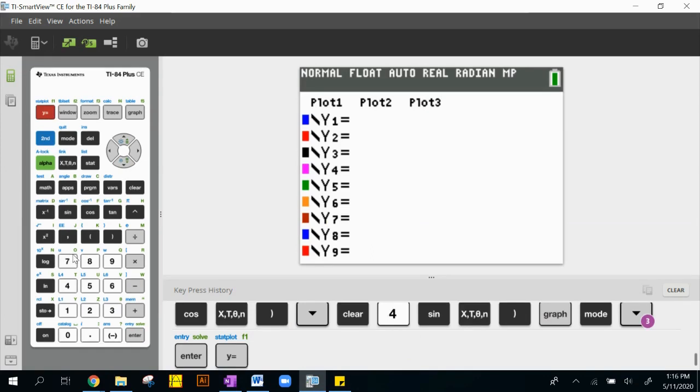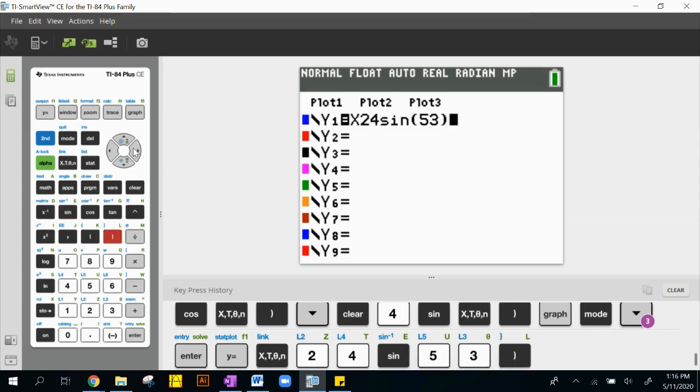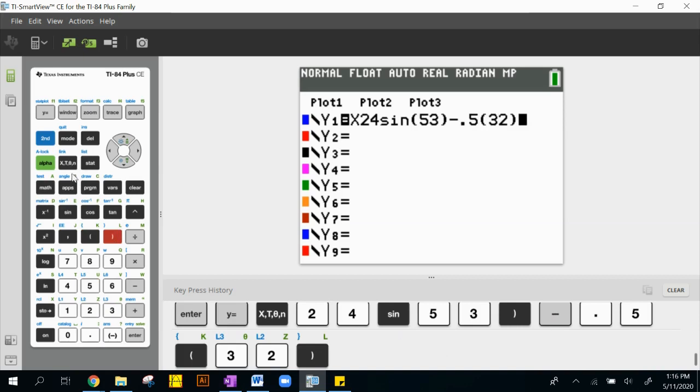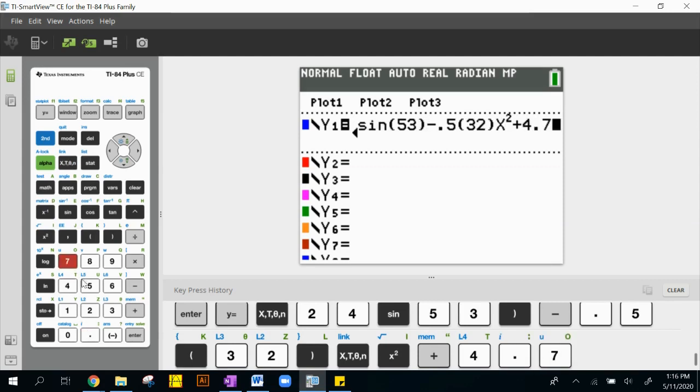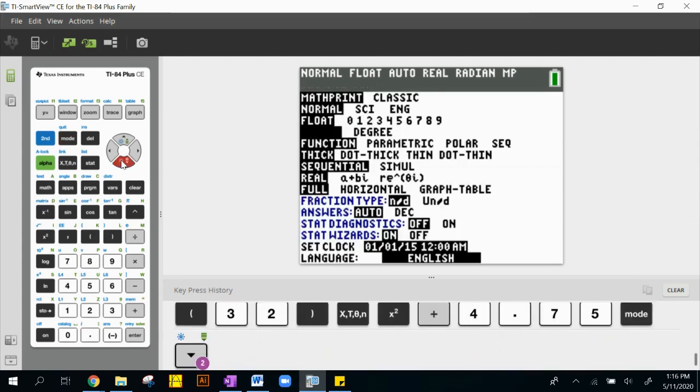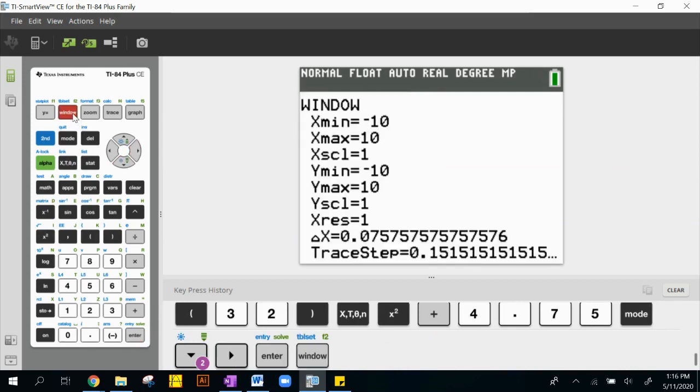So I'm going to throw in my equation. I need to change my calculator to degrees, and make sure I can see this in the window.